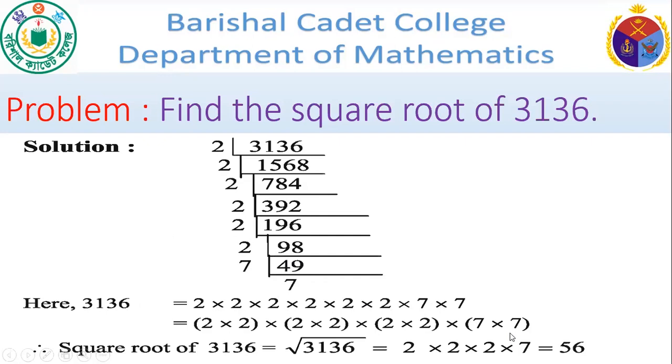So what is the process of finding the square root? We have to take one from each pair. So the square root of 3136 equals: from this pair we have taken 2, from this pair 2, from the third pair 2, and from the last pair 7, and by successive multiplication we get the result 56.